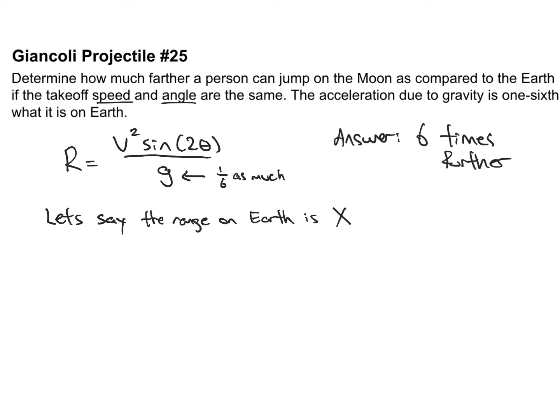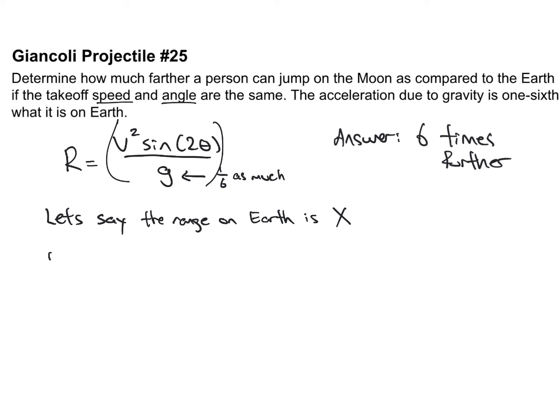So on Earth, the person can jump a range of x. That is to say that all this v squared sine 2 theta over g is going to equal x.